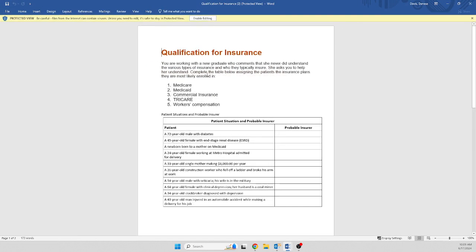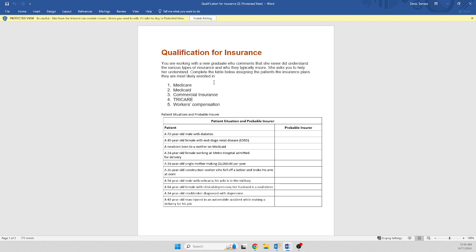So you're working with a new graduate who comments she never did understand various types of insurance and who they typically insure. She asks you to help. So this one's going to require you to go back and put together all of the different pieces and parts.